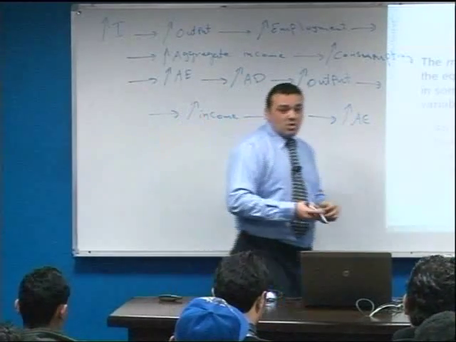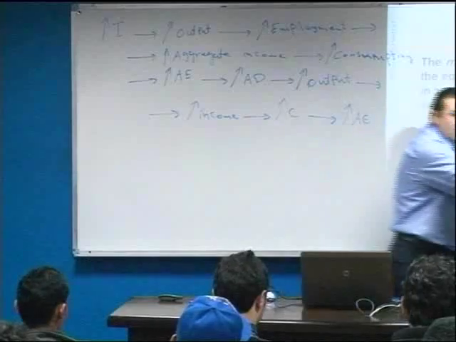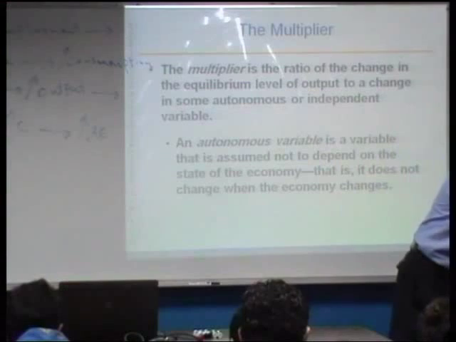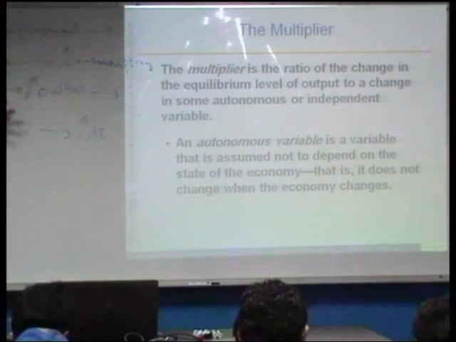So, as you see, we have a multiplier: increasing in aggregate output and increasing in income.